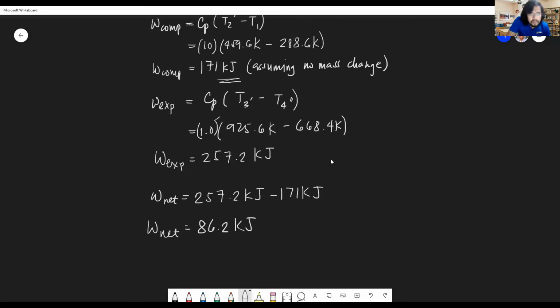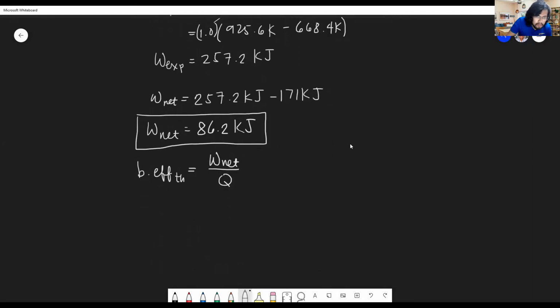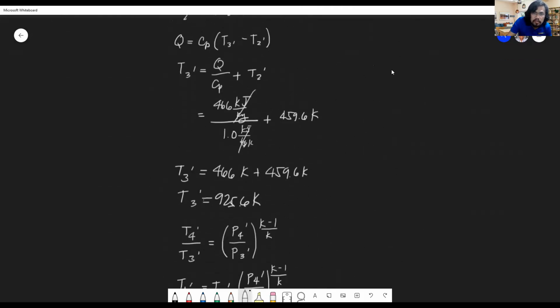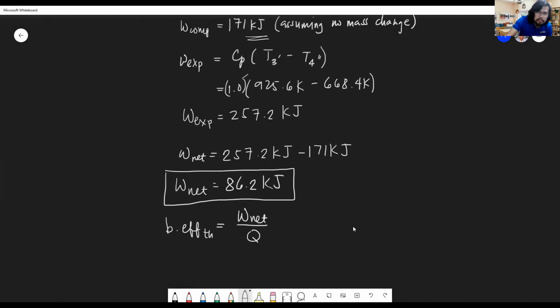Now, this is our final answer for the net, and we can easily solve for the thermal efficiency, which is just the W net over the Q. We have the Q given by 466 kilojoules per kilogram.